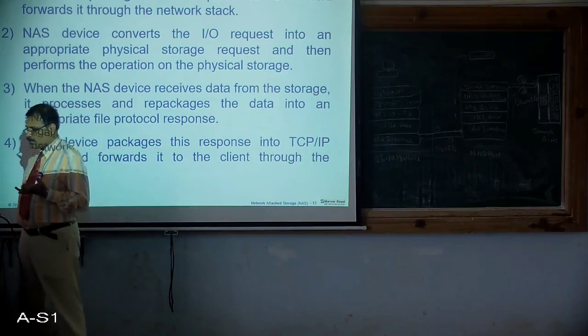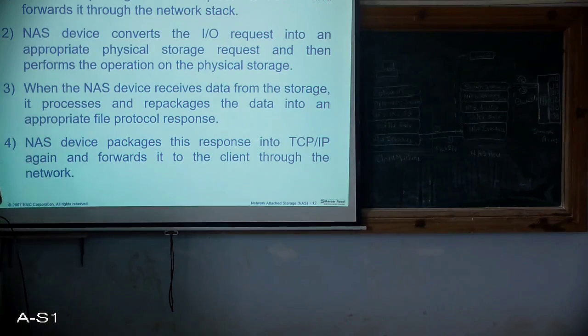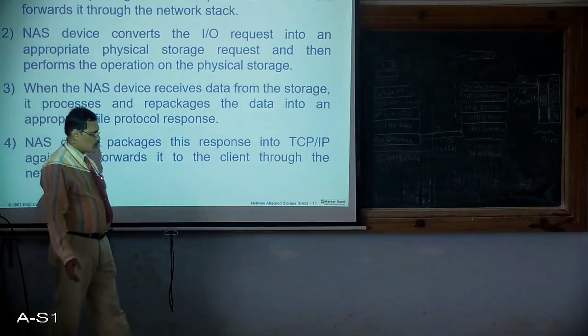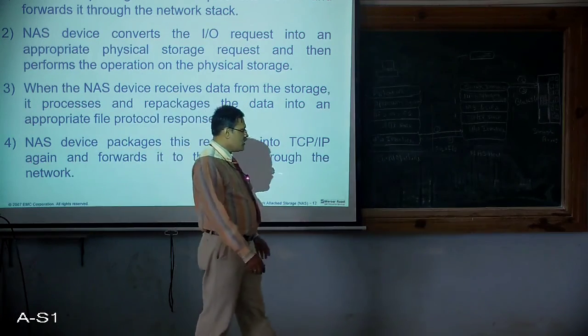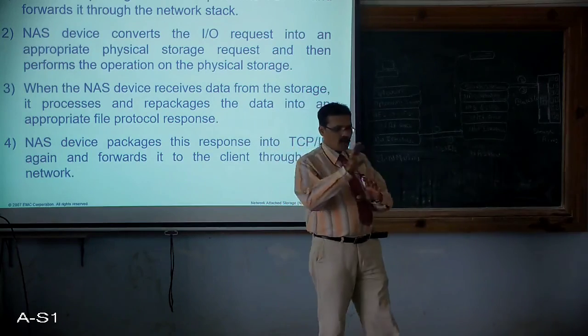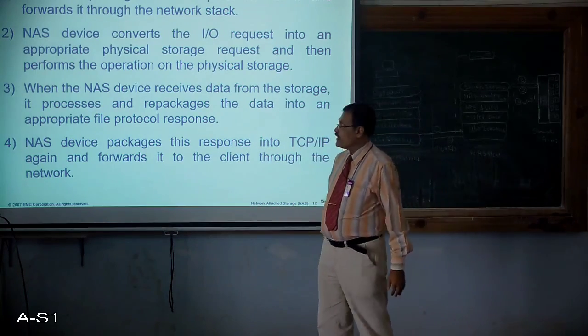Then we have an optimized operating system. Then it consists of the file sharing protocols like NFS and CIFS, and also industry standard storage protocols and ports for management purposes. So these are all the components of your NAS device.